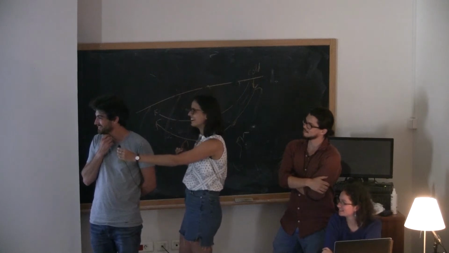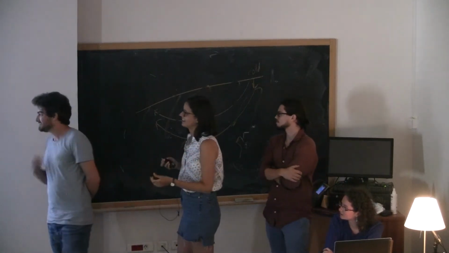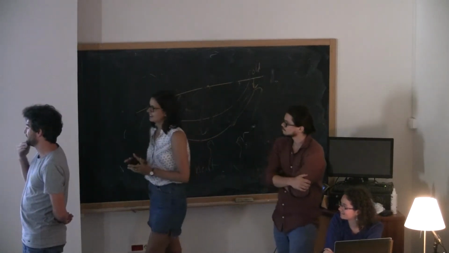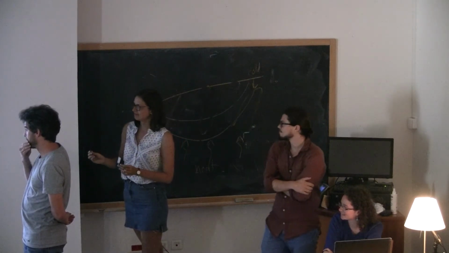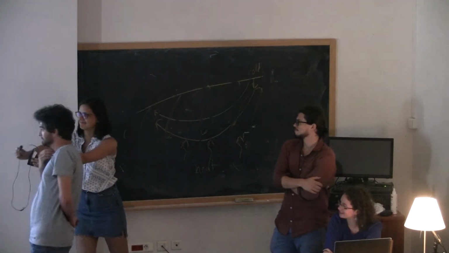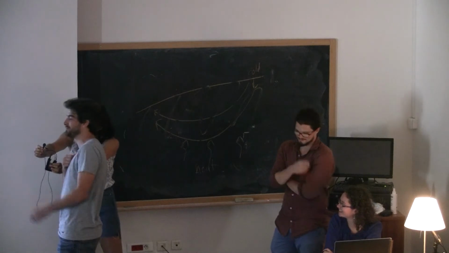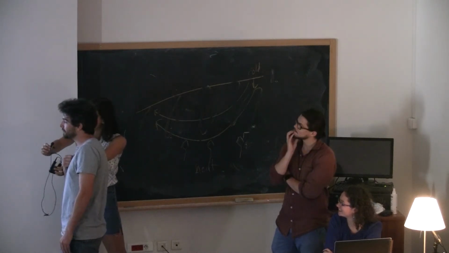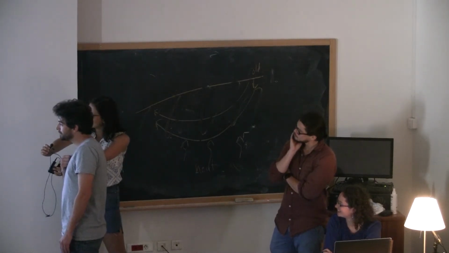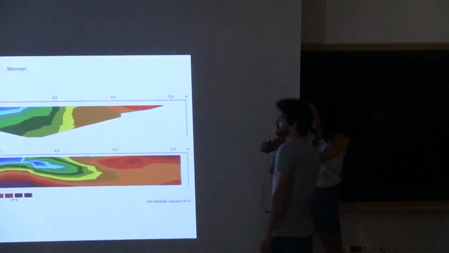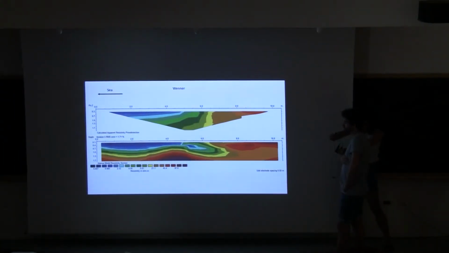Where is the seawater interface here? I'm not sure we can map the interface, but we see that there is lower resistivity, so the depth to the salt water is becoming shorter and shorter towards the sea.